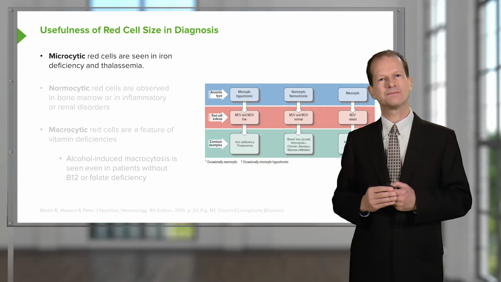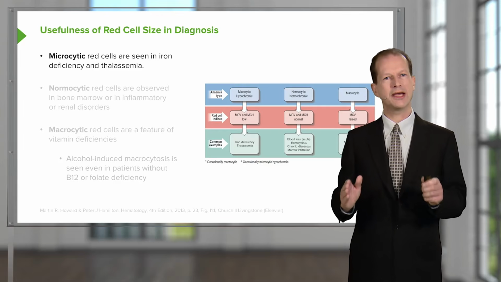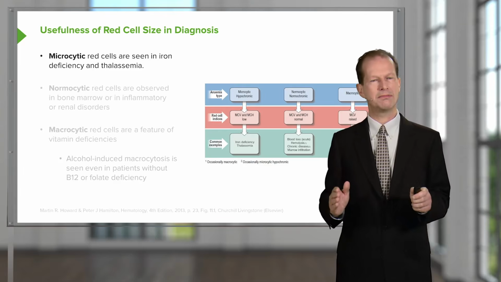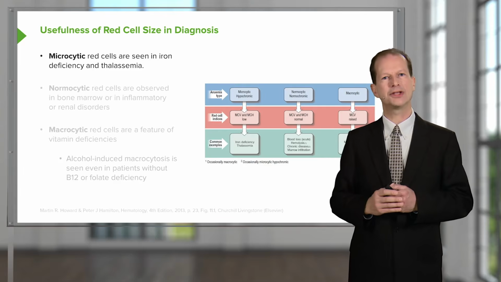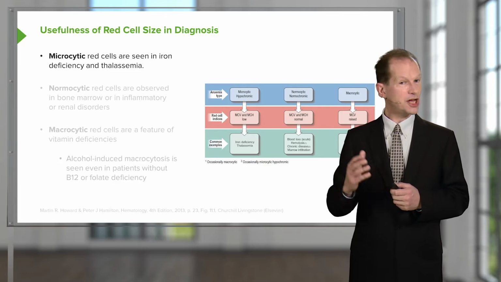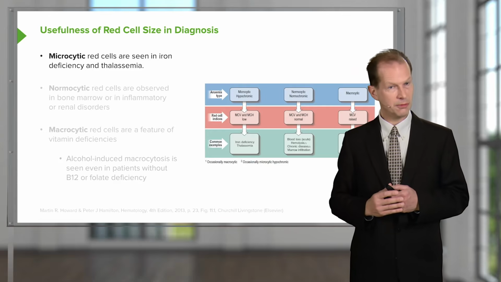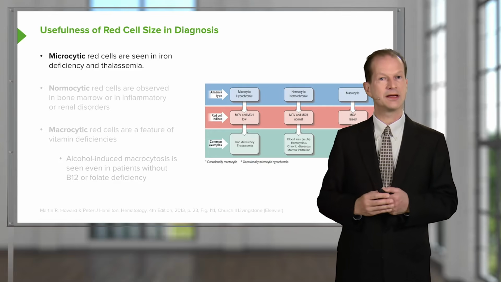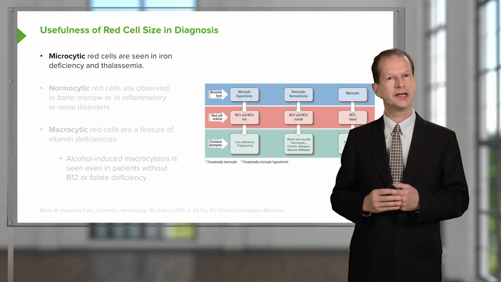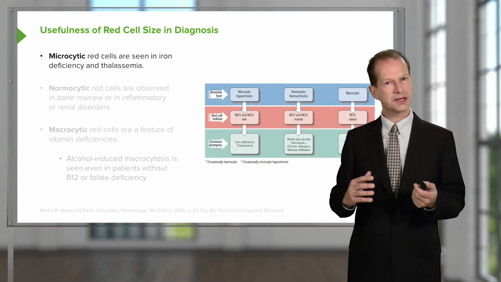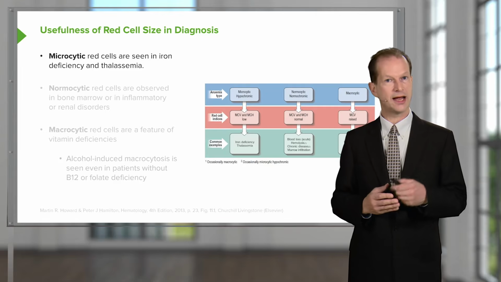Microcytic red cells are seen in two major disorders. That's a key point to remember. Two major diagnoses, of which iron deficiency is the more common. Thalassemia is the other major disorder, and that's an imbalance in the production of the globin chains, alpha and beta.